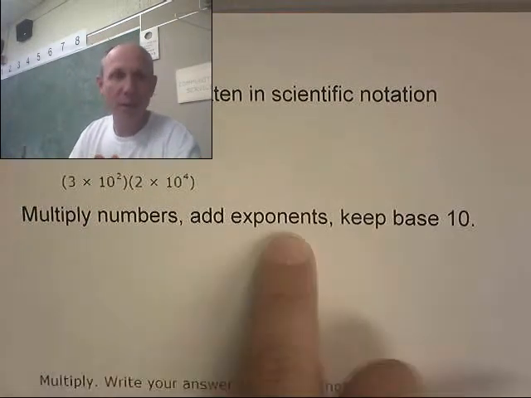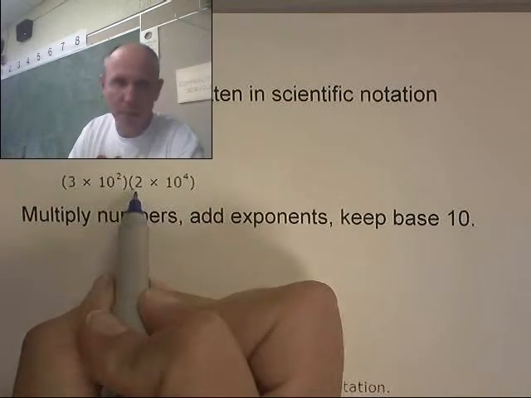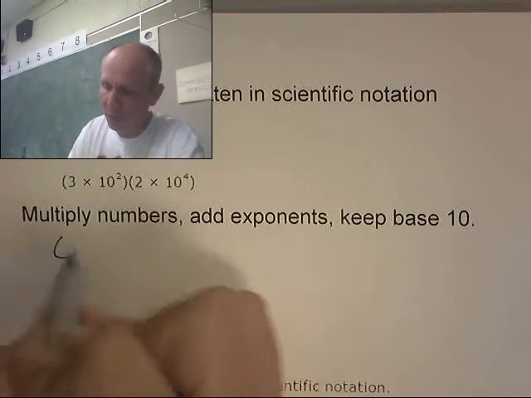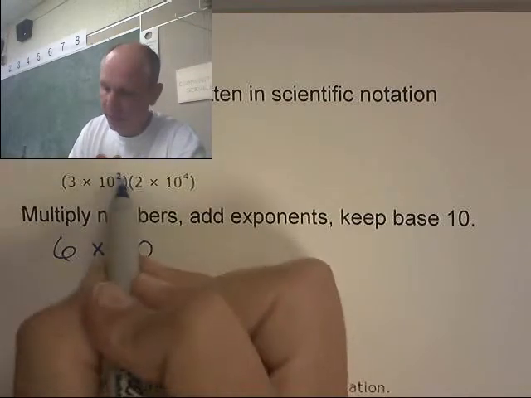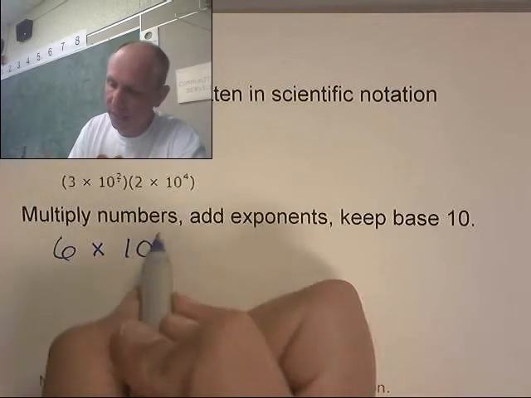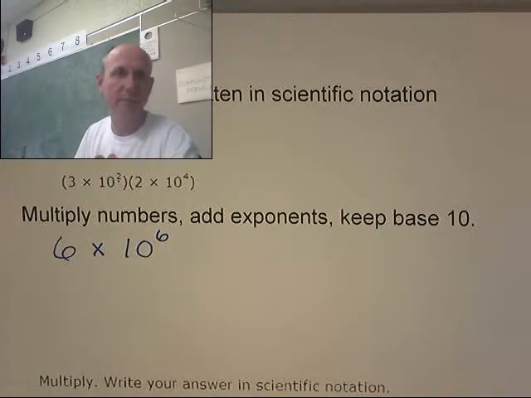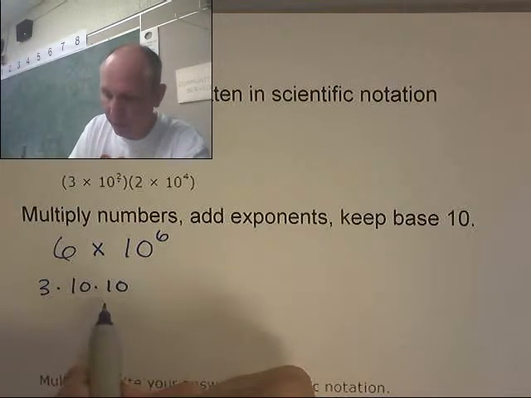So, multiply the numbers, add the exponents, keep the base 10. Watch this. What's a 3 times a 2? A 3 times a 2 is a 6. Keep my base 10, add these exponents. What's a 2 plus a 4? That is a 6. So what's really happening here is this is 3 times 10 times 10.